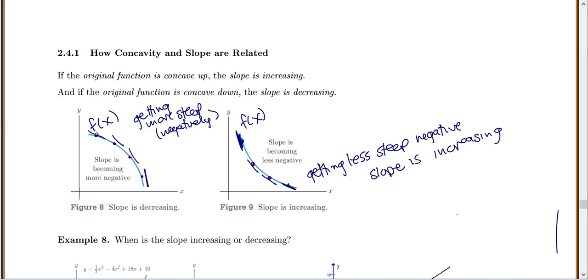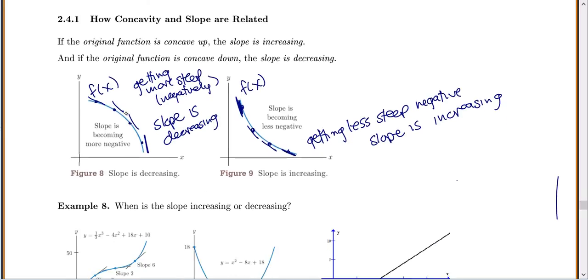So for negative, that's close to 0, further from 0, further from 0. And so our slope is decreasing. But you can puzzle this out, or you can just remember this. This is one of the few things I actually tell you to remember. It's easier than trying to do the logic of it. So if your original function is concave up, slope is increasing. If your original function is concave down, slope is decreasing.